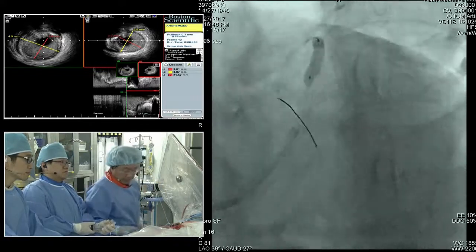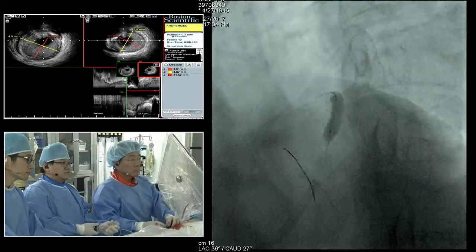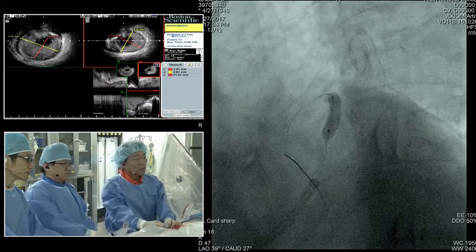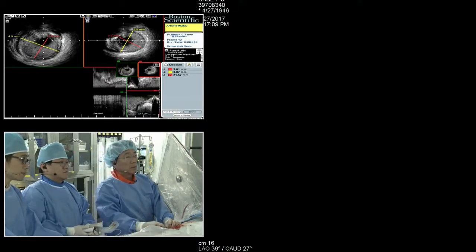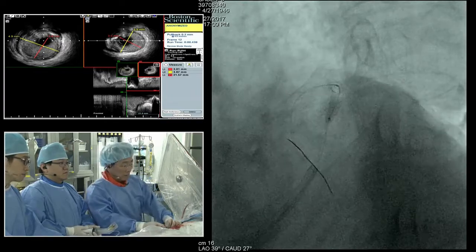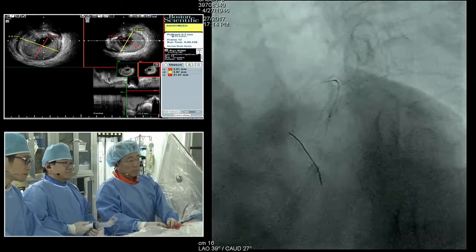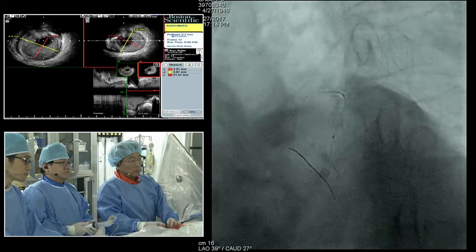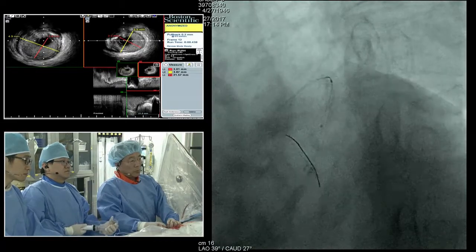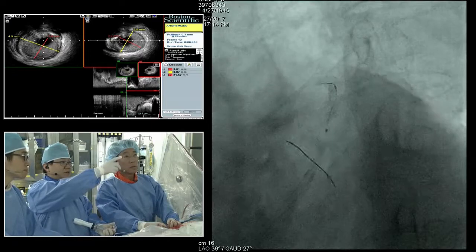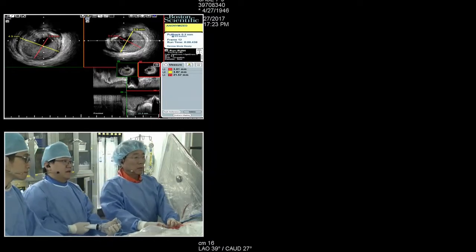Okay. Deflate. Pull the balloon out a little bit. Proximal part is 4 or at least 3.8. All right, great.